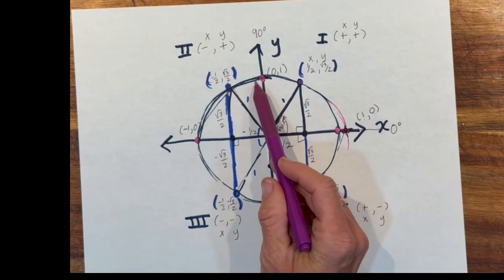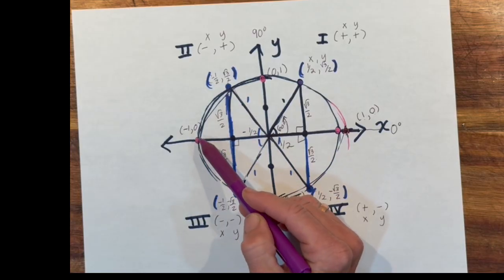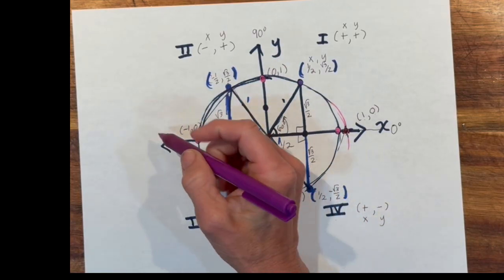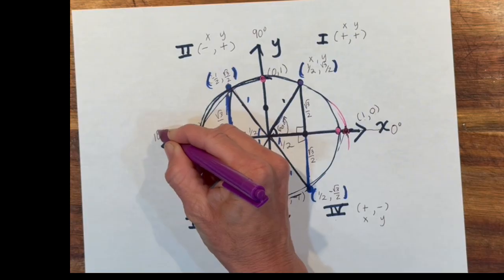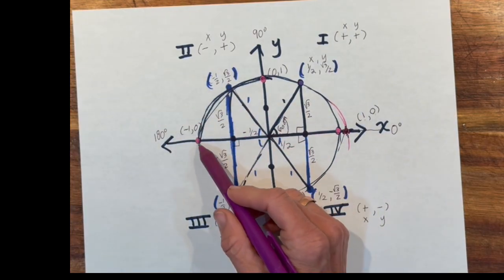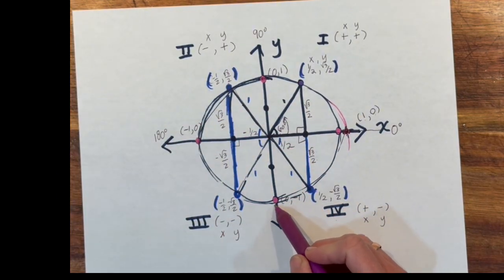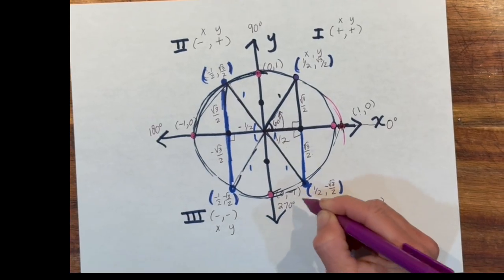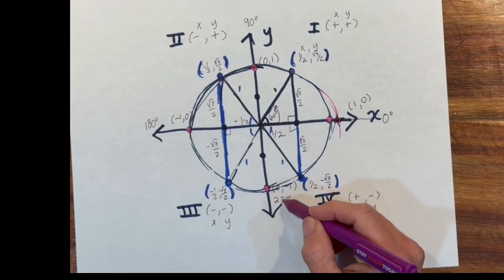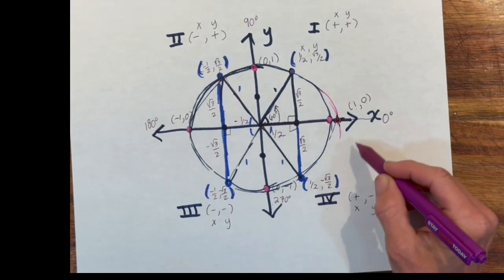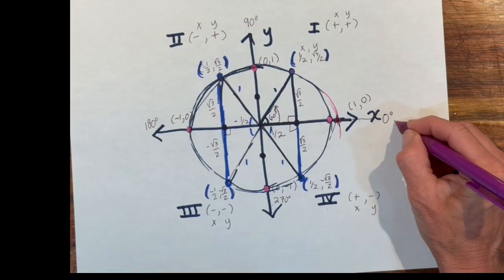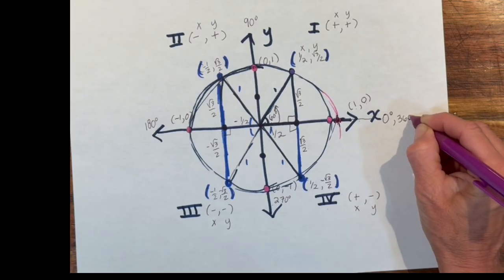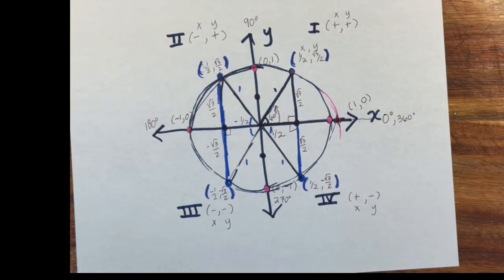And then we go another 90 degrees, and 90 plus 90 is 180. Then we can go another 90 degrees to make 9 times 3, 270 degrees. And then 90 times 4 is going to be 360 degrees.